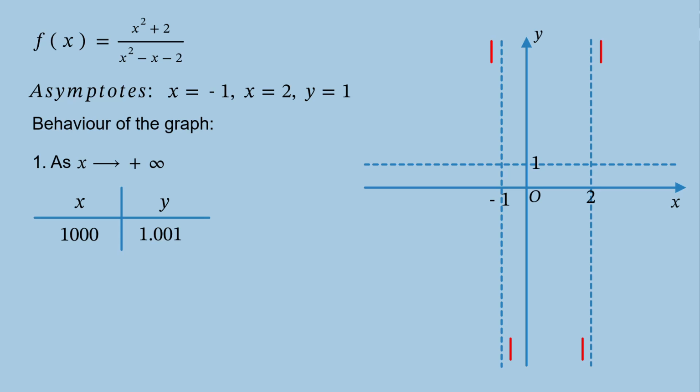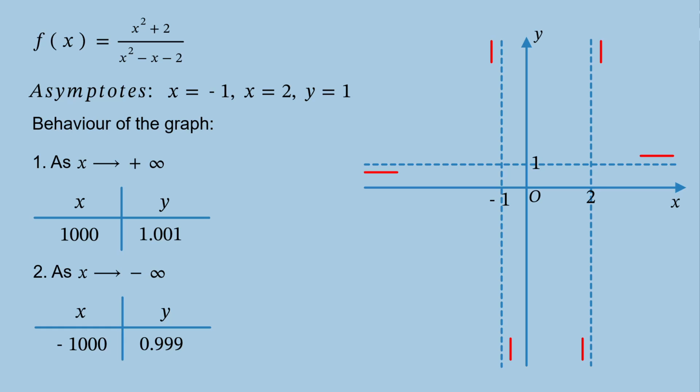So 1.001 is slightly above 1, so somewhere here. As x approaches negative infinity, I'll take a very small value of x, like minus 1000, and substituting it into the equation, we get an output of 0.999, which means that the graph is slightly less than 1 at 0.999, which means it will be approaching from slightly below, right here.